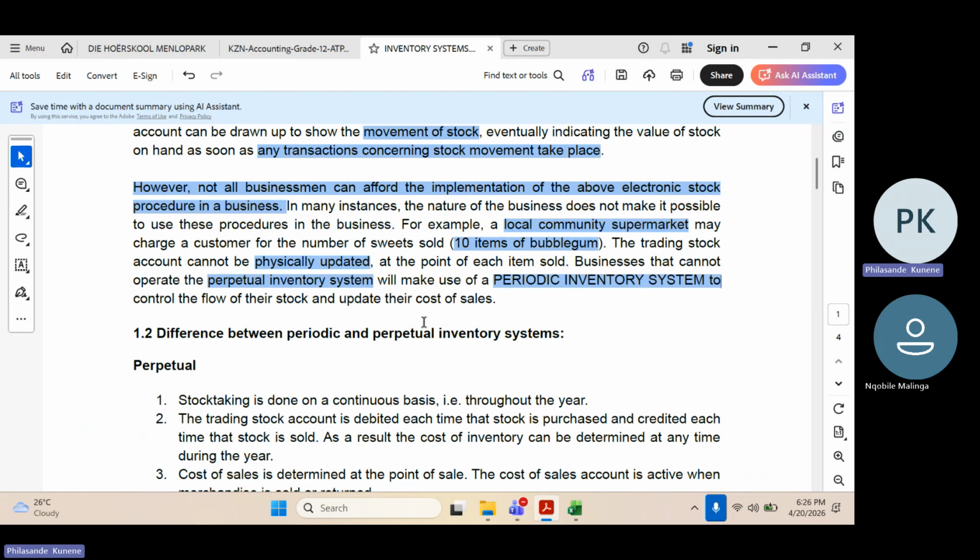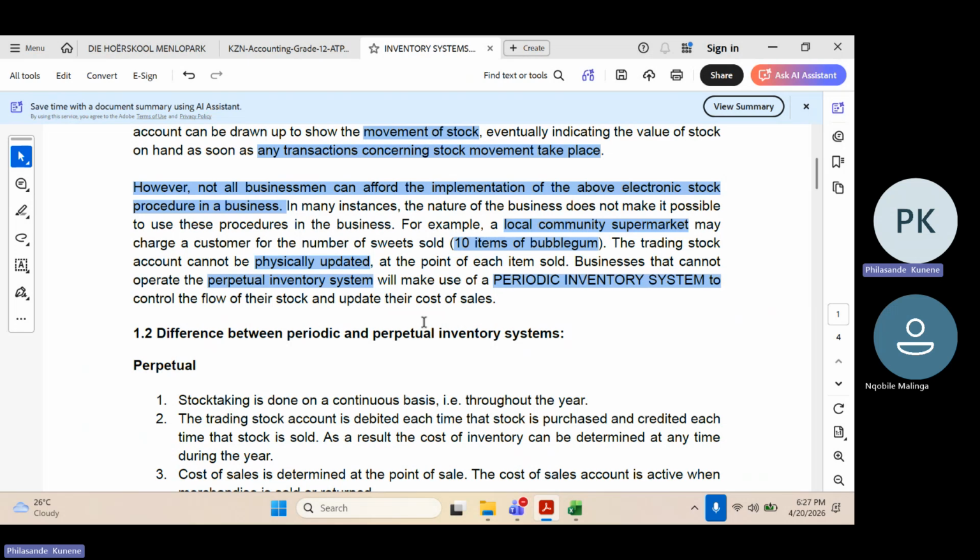Now, that is a problem when it comes to inventory systems. A computerized inventory system, which is the perpetual inventory system, is the most preferred system. Although it's not easy and requires trained people, it is the most effective and most efficient one any business may have.